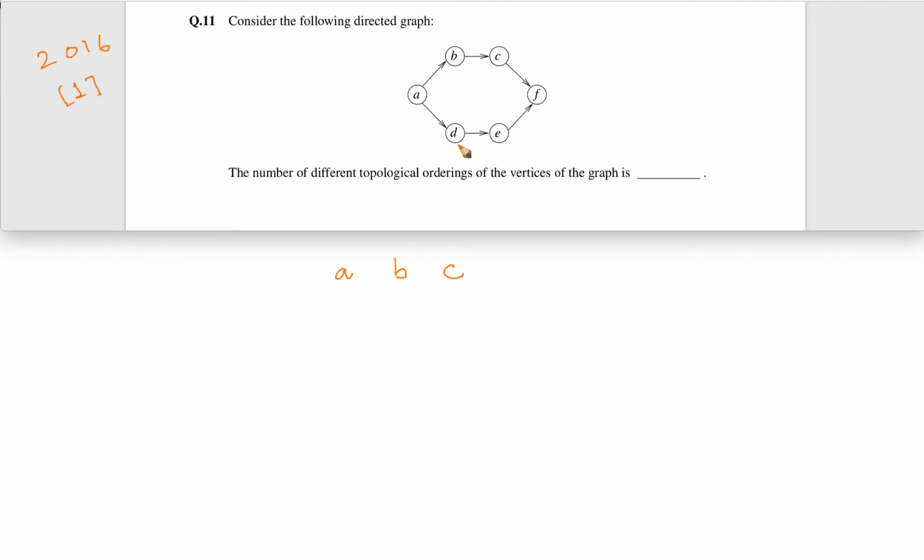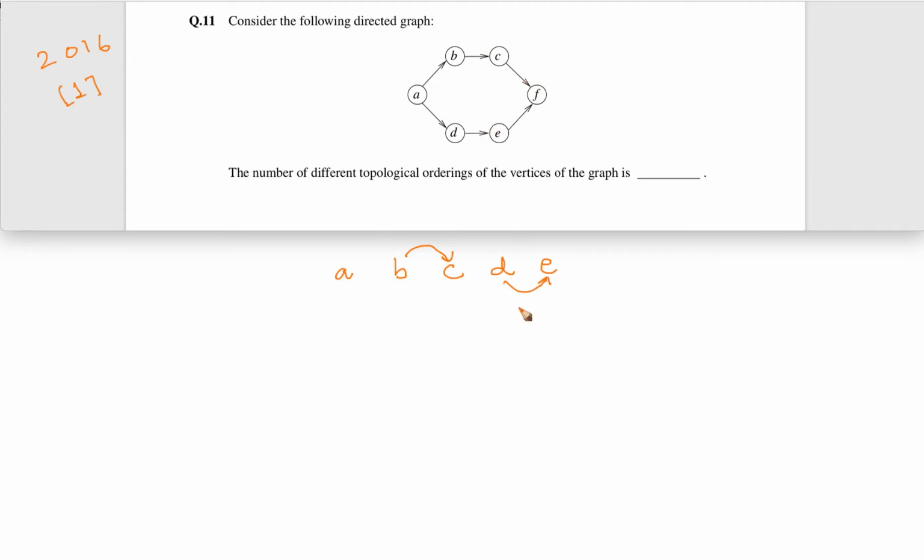Similarly, there has to be an ordering among D and E such that D should come before E. But note that there can be different topological orderings for the same graph, because B should come before C, that is okay. D should come before E, that is also okay. But there is no relation between C and D in this directed graph.